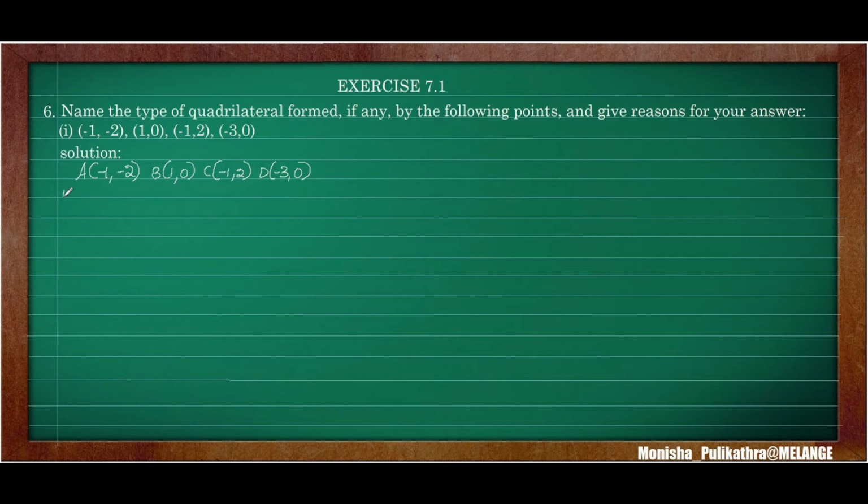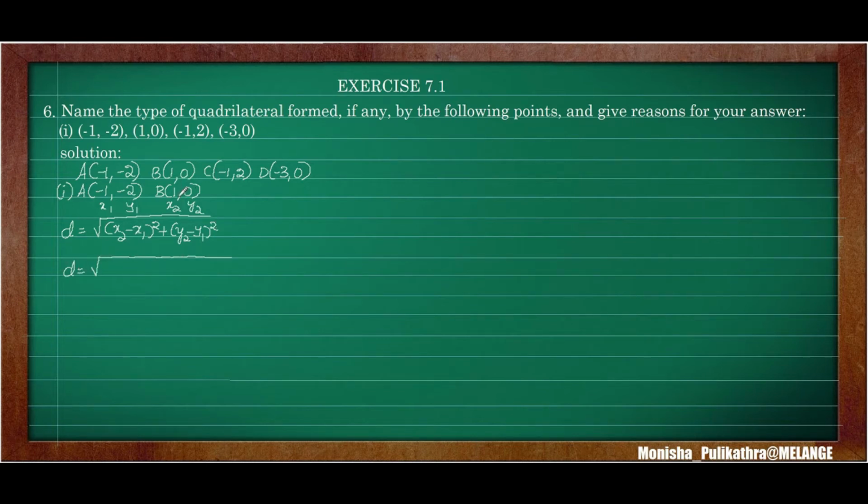Okay, so in the first case we need to take A and B: A is minus 1 comma minus 2 and B is 1 comma 0. So here this one is x1, y1 and this one is x2, y2. We need to apply the distance formula, that is square root of x2 minus x1 whole square plus y2 minus y1 whole square.